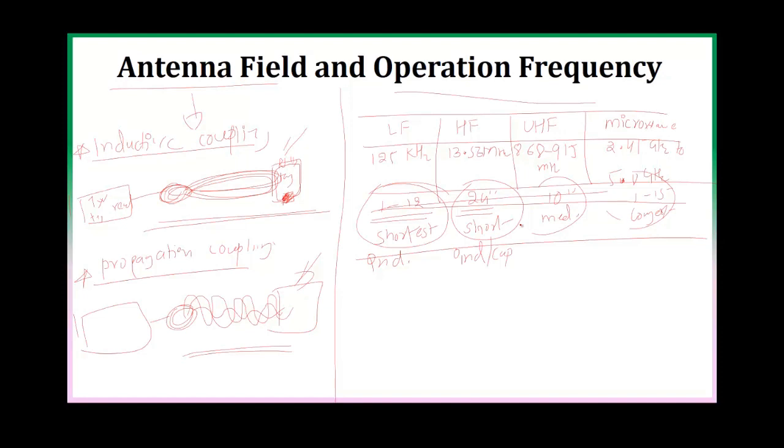And for ultra high, they have an integral battery to generate these kinds of high frequencies, which could not be generated through a reader. That's why we require an active tag and an integral battery. So e-field coupling could be utilized here.